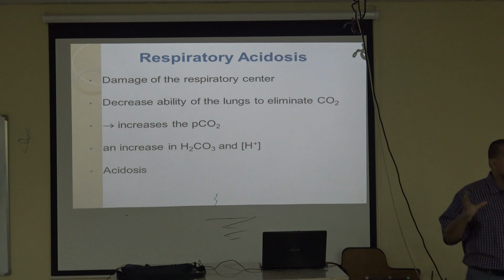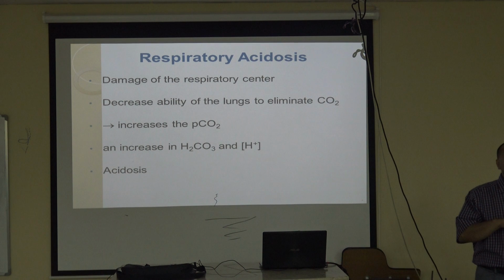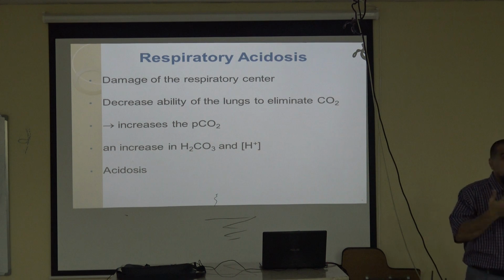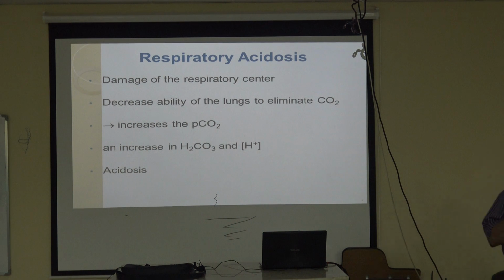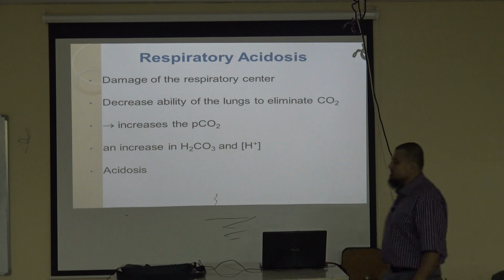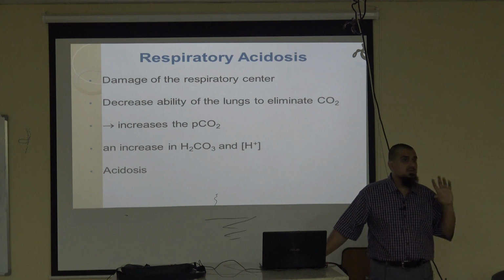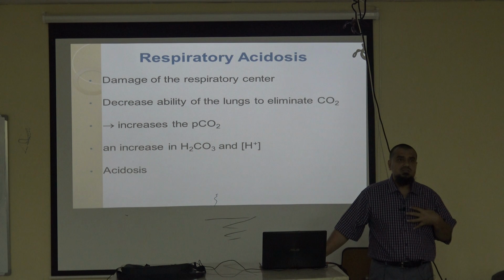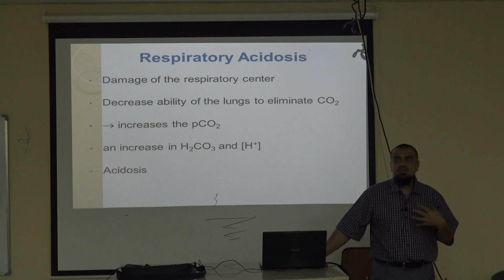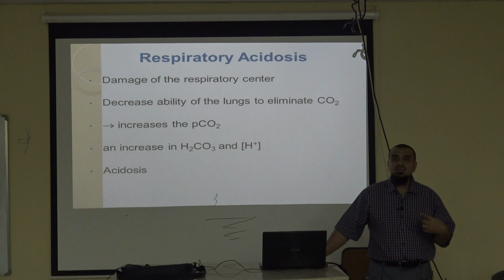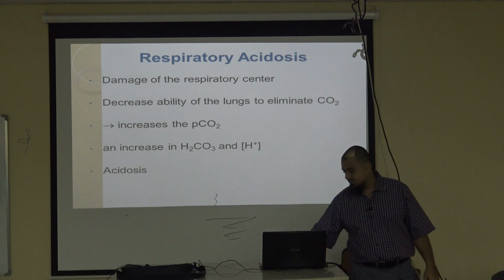So many causes of respiratory acidosis are there, and all are diseases of the lungs and respiratory system, in which either you are unable to breathe normally, or there is a problem in the diffusion of gases, or there is accumulation of fluid. In all these cases, there will be decreased ability of the lungs to breathe normally. As a result, carbon dioxide will accumulate in the blood and the pH will drop, and this is called respiratory acidosis.